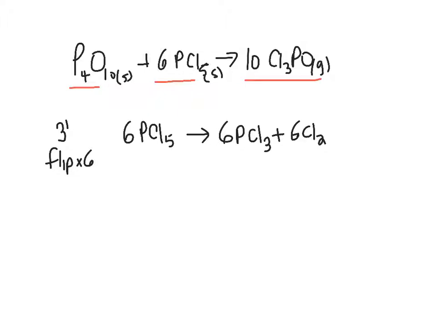But what you do to your equation, you have to do to your delta H as well. So our delta H is going to be negative 125 times 6. Oh, is it? Is it going to be negative 125 times 6?